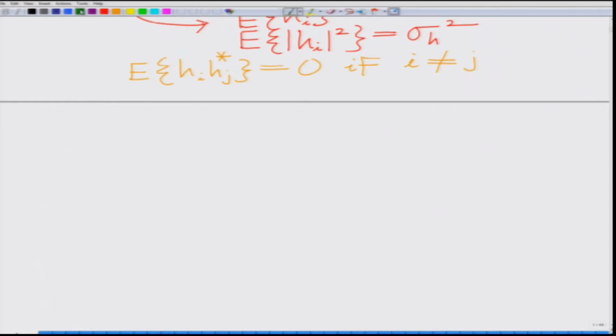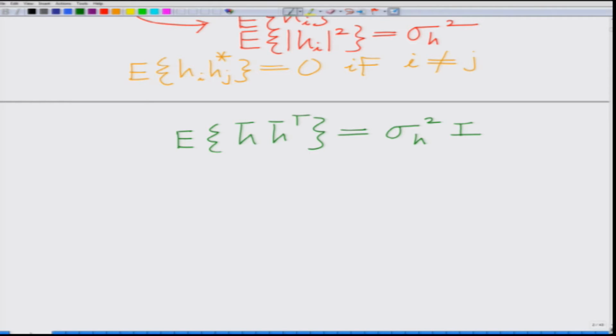We are considering a real estimation scenario so far, and therefore if you look at the covariance, we have the expected value of h bar into h bar transpose, once again considering real parameters, that will be sigma h square times identity. Okay.